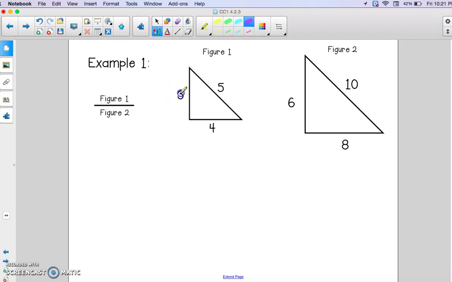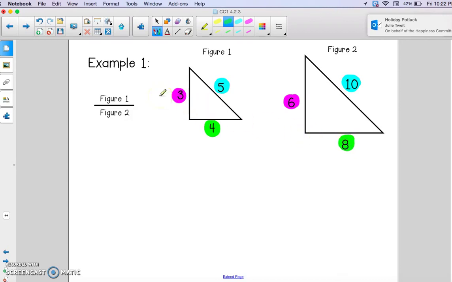So I'm going to highlight side length 3 and side length 6. Those two are corresponding sides. Side length 5 on figure 1 and side length 10 on figure 2. And side length 4 on figure 1 and side length 8 on figure 2.